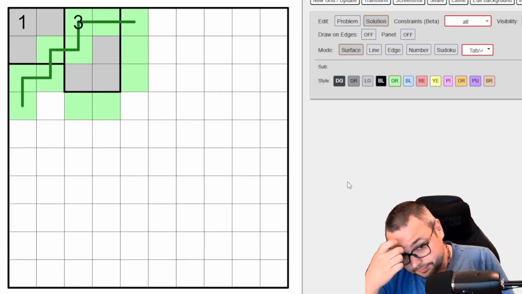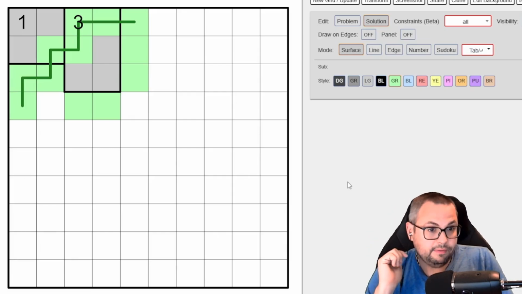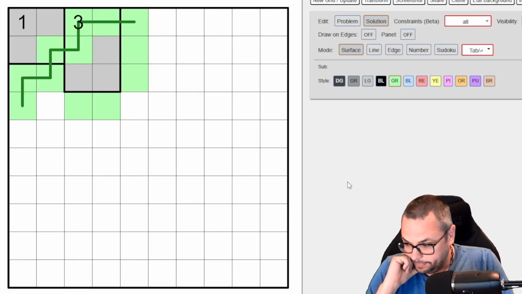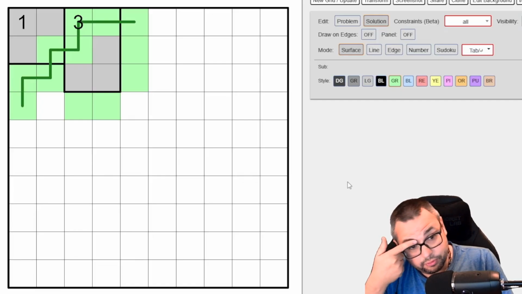Okay. So now we can try. Now we've got a whole bunch of cells that now have to be visited, and we can try and draw a region that uses these in some sort of interesting way.